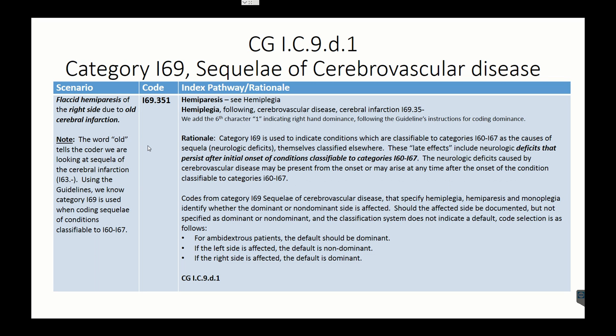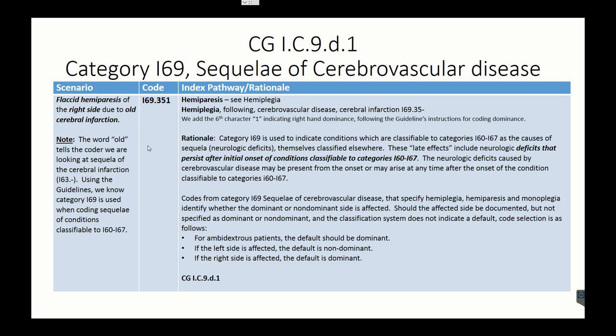These late effects include neurological deficits that persist after initial onset of conditions classifiable to categories I-60 to I-67. The neurological deficits caused by cerebrovascular disease may be present from the onset or may arise at any time after the onset of the condition classifiable to categories I-60 to I-67.